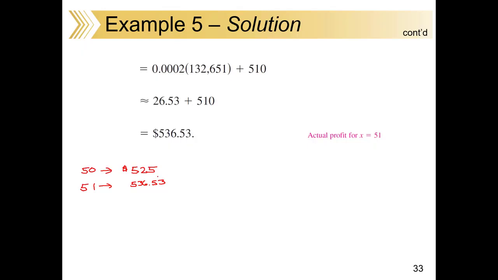If I were a business person, I'd say, let's go for 52. Let's do one more. Notice the difference between these two, from going to 50 to 51, what's the difference? $11.53.